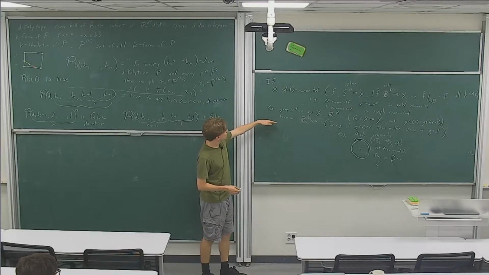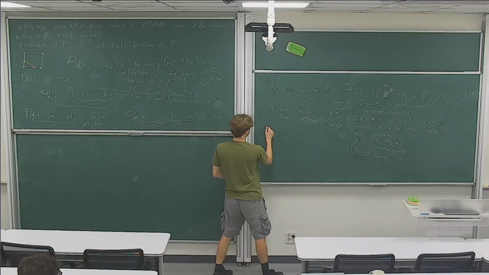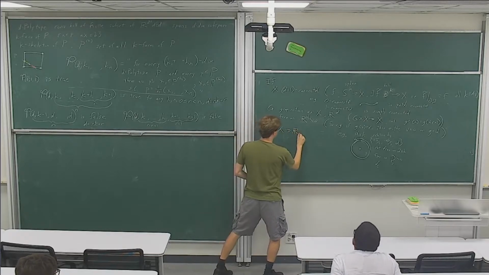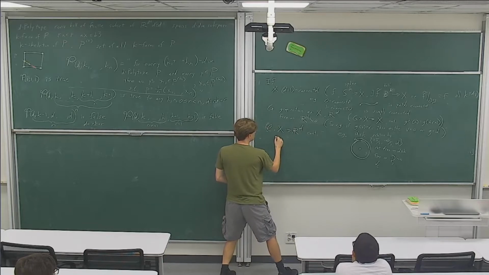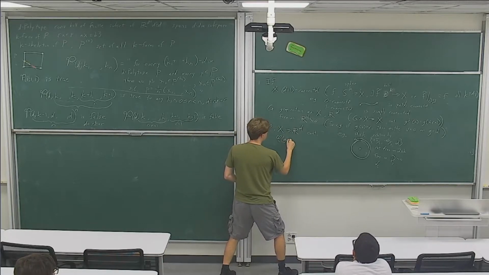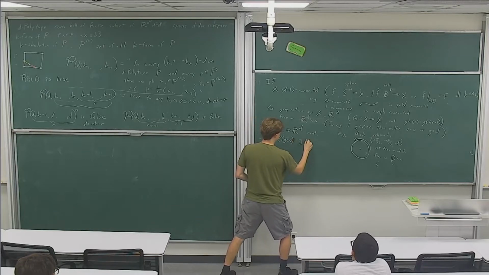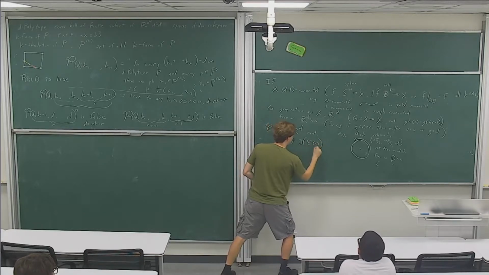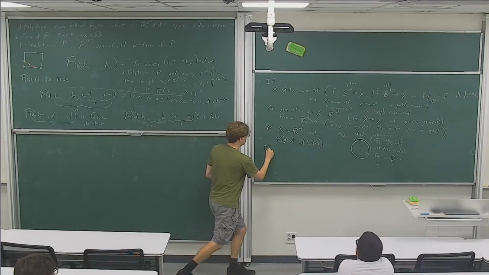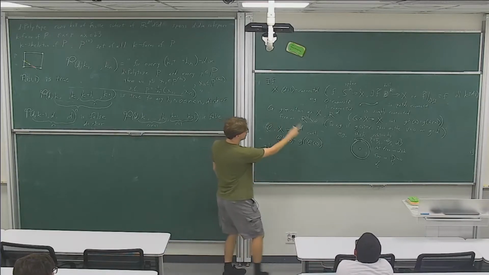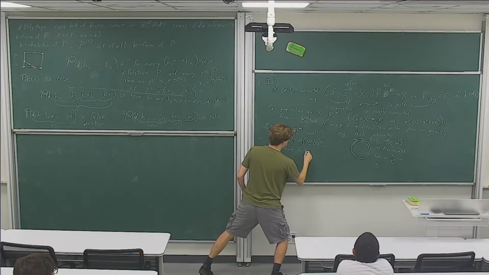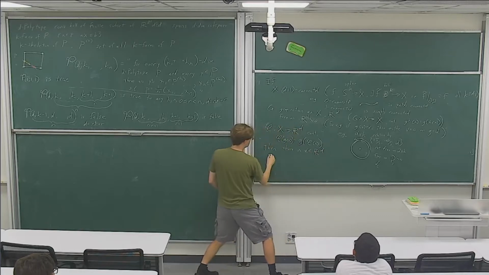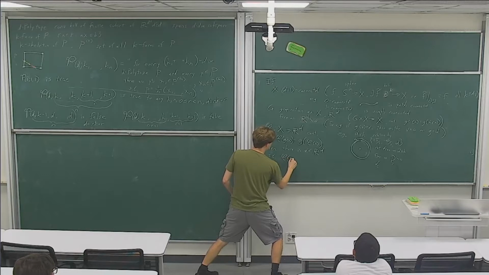And if I have some phi from X to R^d, and this is also continuous, such that phi of g of x is equal to g of phi of x, then with a bunch of these conditions, I know there is some v in R^d such that phi of v is equal to 0.